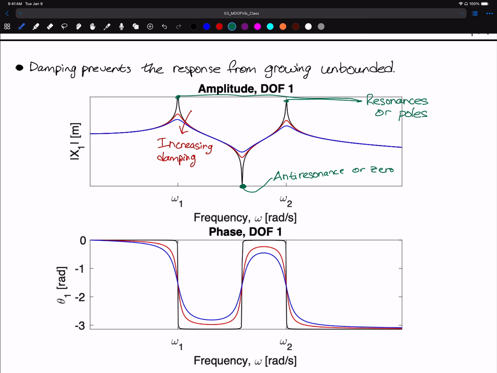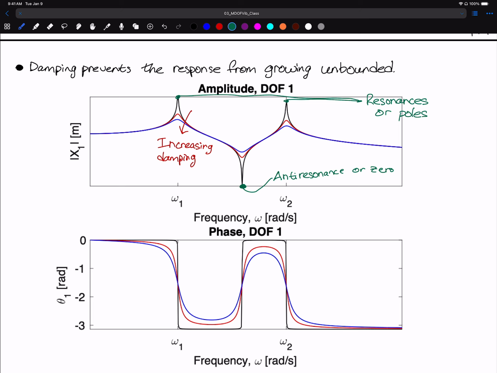However, the anti-resonances are still very weak, very low amplitude, and it's still reasonable to force at them. I'll also say that this is shown on a log scale, and so we're looking at very low amplitudes at these zeros or anti-resonances.